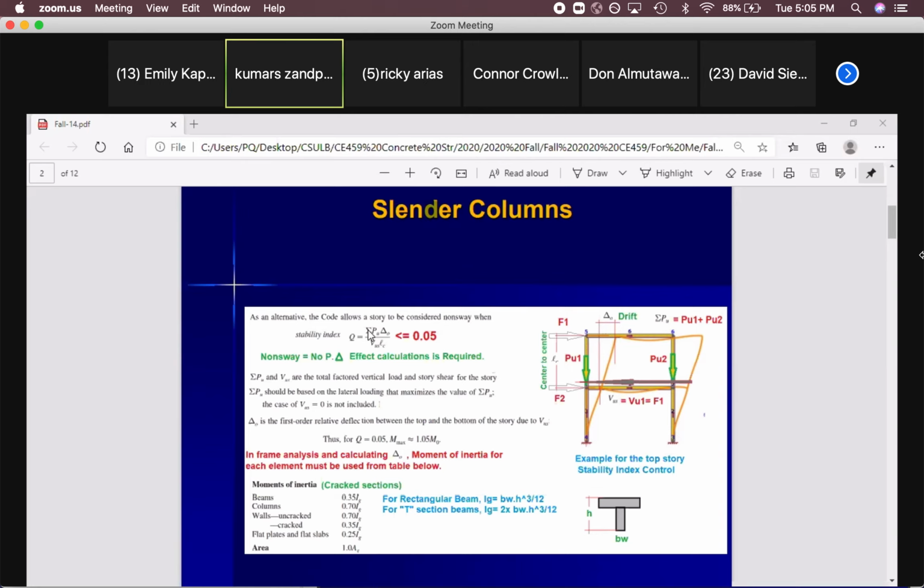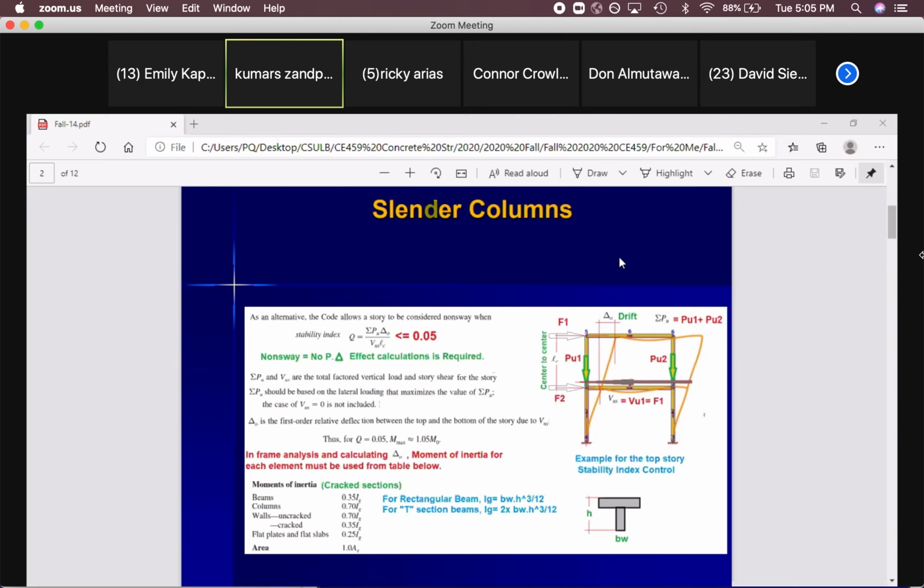So how can we calculate this? Just go for the whole story. If it's a 3D frame, you should add all the loads on that story. So for each story we have to check this Q, not for the whole frame: the second floor, then the first floor, and if it has more stories, one by one.